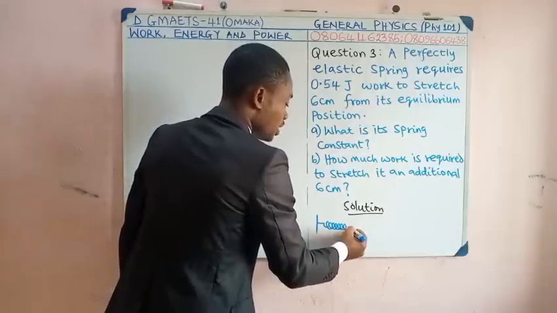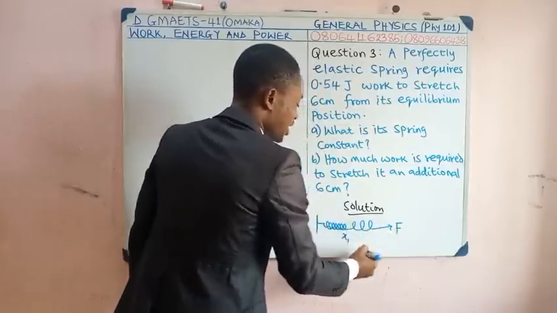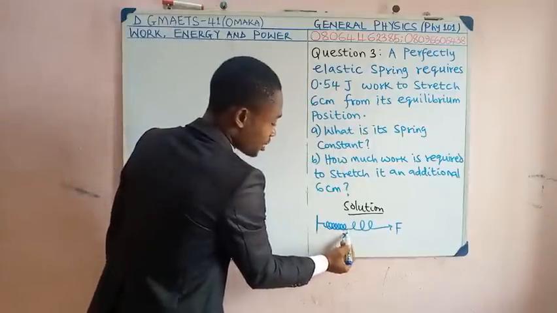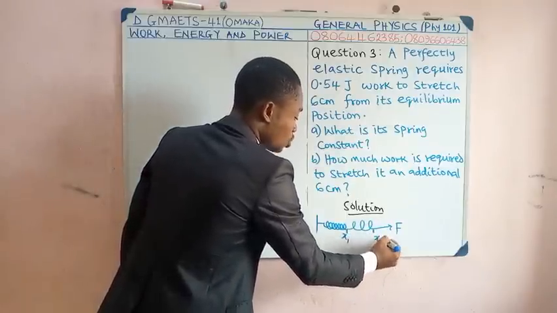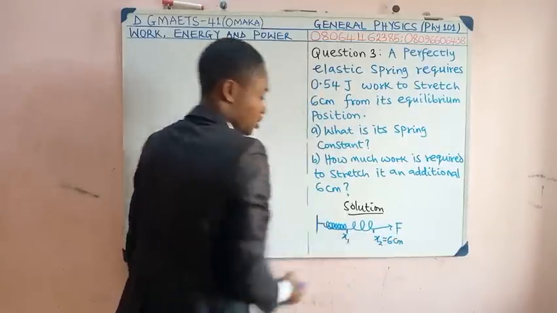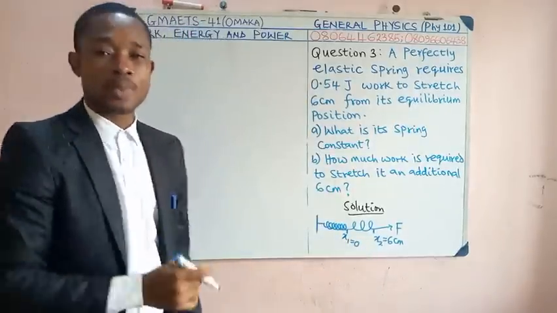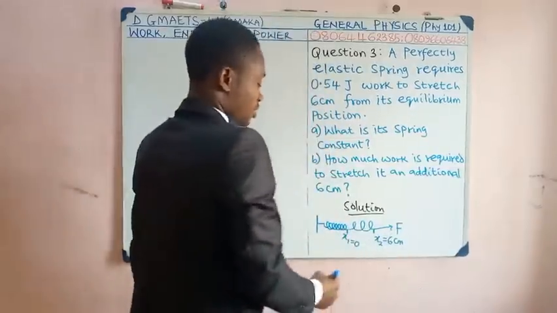A force pulled this and it extended by 6 cm. So from this point to this point we get our x2, which is equal to 6 centimeters. Let's take our x1 to be 0, the rest position, the equilibrium position.